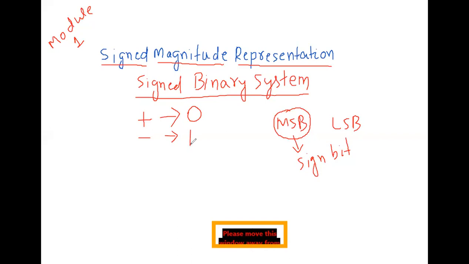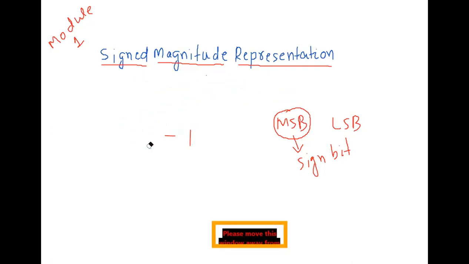So how to represent negative binary numbers? We have three representations. First one, as you can see on the screen, is the signed magnitude representation.